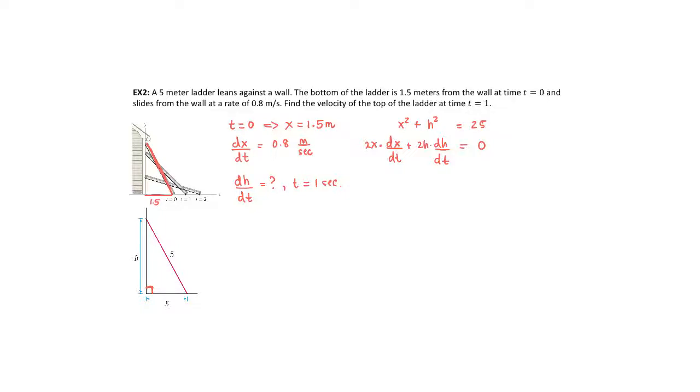The derivative of 25 is 0. Now that I have that, our goal will be to find out what is the value of x precisely at 1 second, and also what is the value of h at 1 second. Notice that we already know dx by dt, so all that we have to do is to find x and to find h.